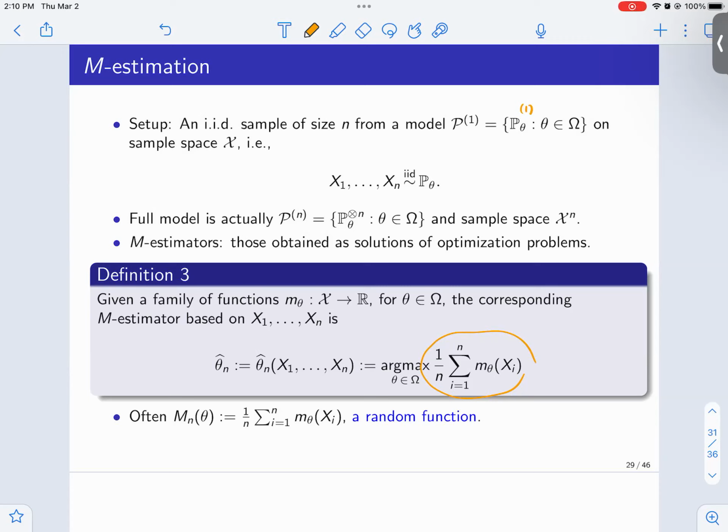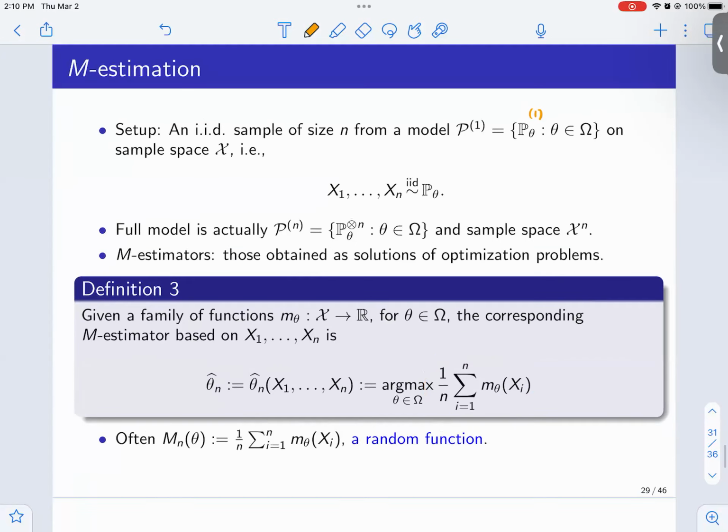This gives you an estimator. So this defines a general class of estimators that easily extend to any number of samples. I just have to pick this function, and once I have it, I can form these empirical averages. They're easy to calculate if the function is easy to calculate, and then I have to solve an optimization problem.